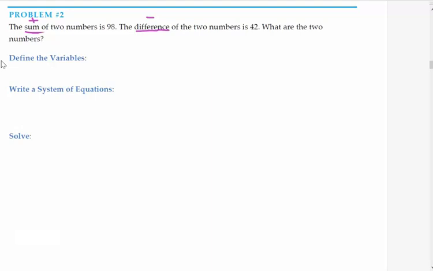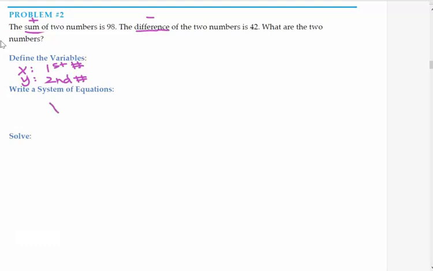Okay, so we've got to make two equations on this. And so that first sentence actually makes our first equation. So our variables that I'm going to use on this are just going to be x and y, right? So x is going to be my first number, and then y is going to be my second number, just so I know what I'm dealing with here. All right, and then I can get this set up as a system. The first sentence says the sum of two numbers is 98.